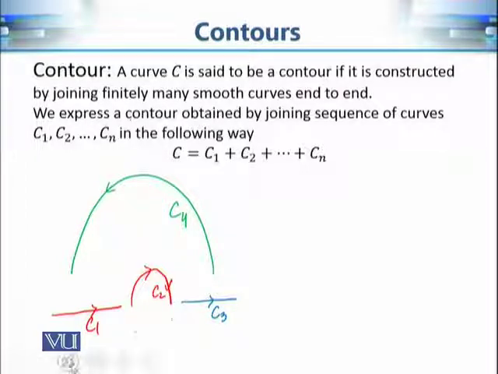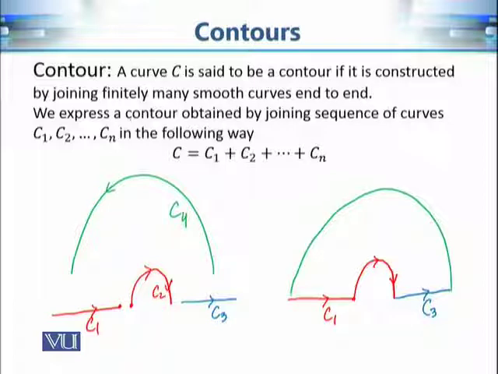Let's see how to join these things. It should be end to end. So this is C1. For C2, just join the terminal point of C1 with the initial point of C2, so we get this. Moving on to C3, we can just join C3 like this. And moving on to C4, we get something like this. So this is a contour made of 4 curves.